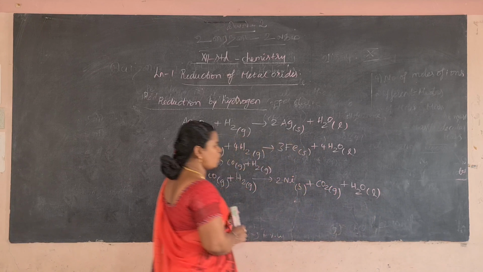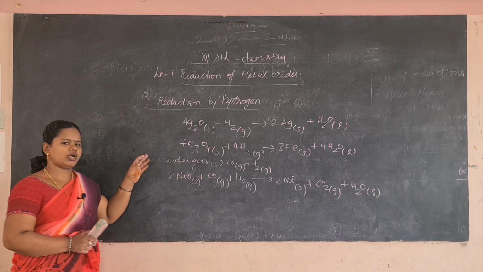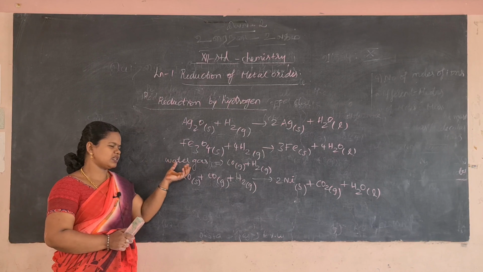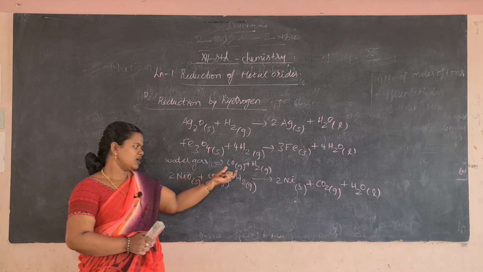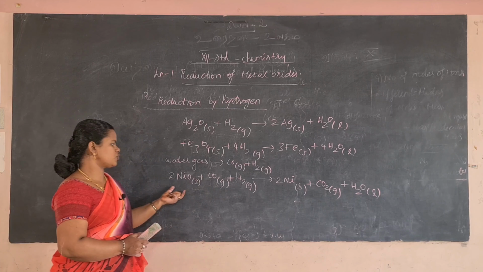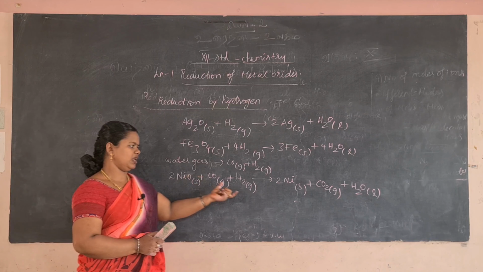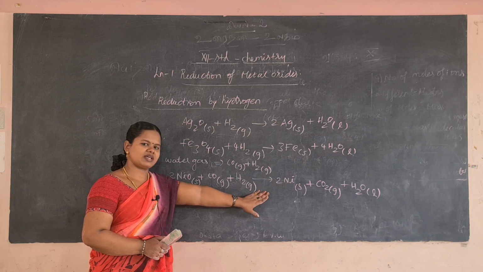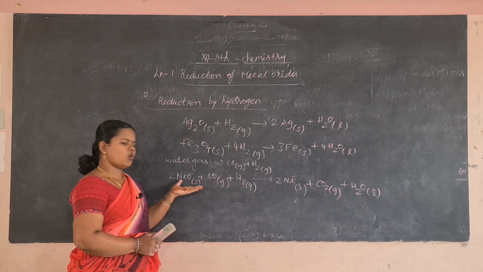So here water gas is used. Another important one-word question they can ask is, water gas is a mixture of what? Carbon monoxide gas and hydrogen gas, and this is used to reduce nickel oxide to nickel.